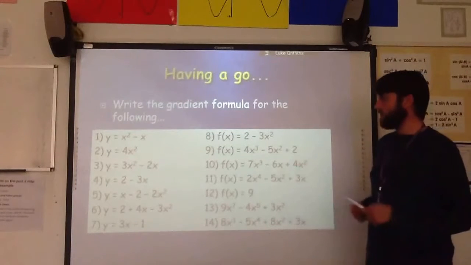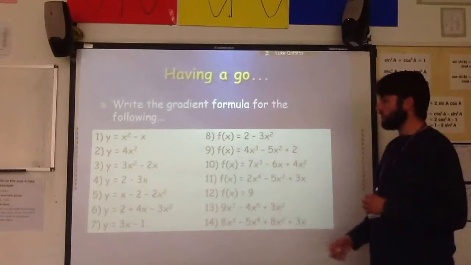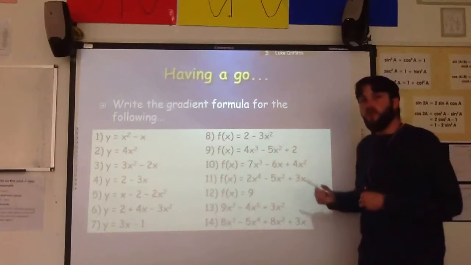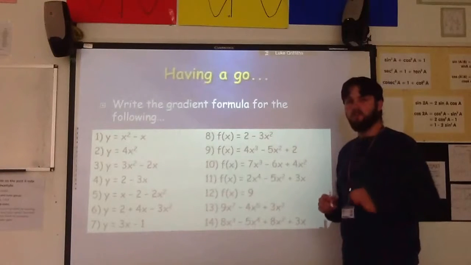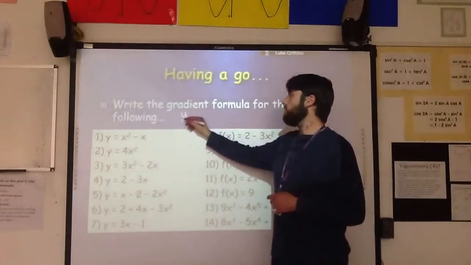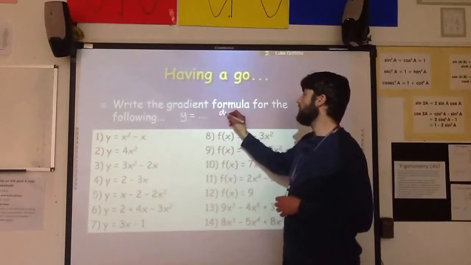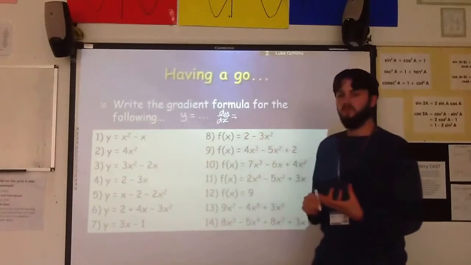Got a whole page of examples to try here. You'll note that some start with y equals, some start with f of x, some just being expressions, but we can technically differentiate any of these. The only thing that really changes is our notation. If we've got y equals notation, we should end up with dy/dx equals as our gradient function.